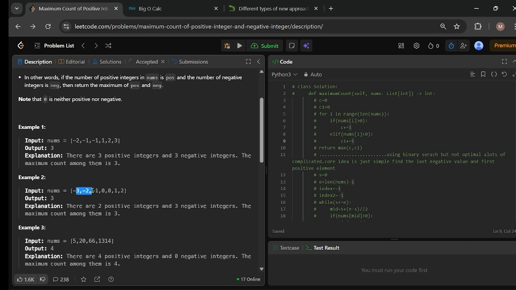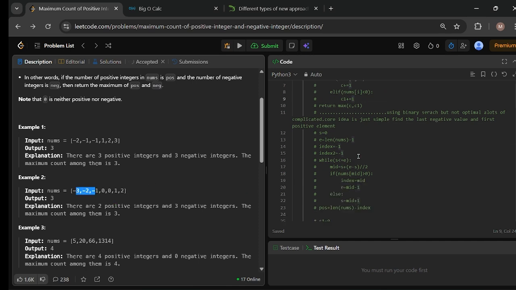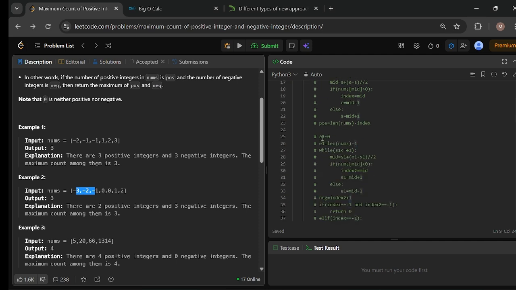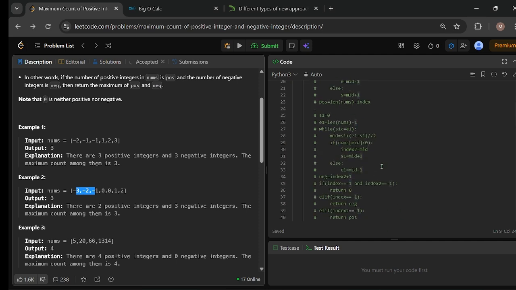There are 3 elements. So I found the negative count first, then I will find the first positive number. If I find the first positive number, how do I get the total number of positive numbers in this array? n is the total length of the array, right? So if we subtract this first positive index from the length of the array, we will get the total number of positive integers.